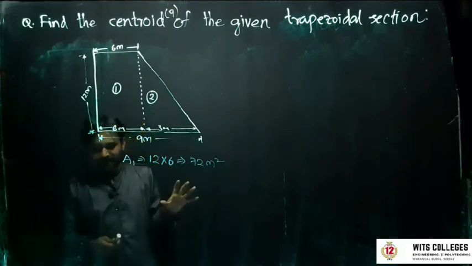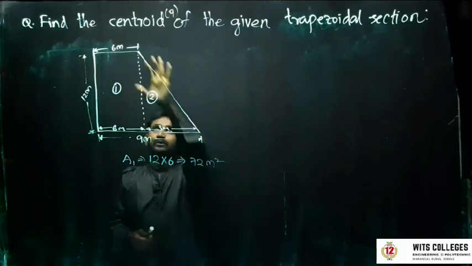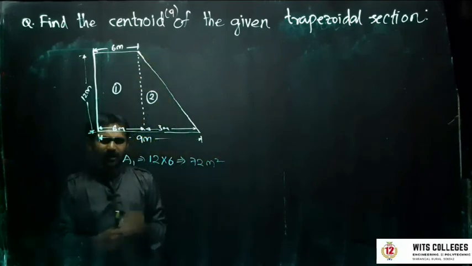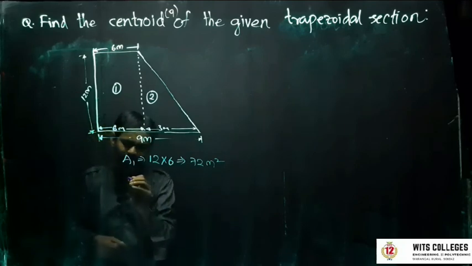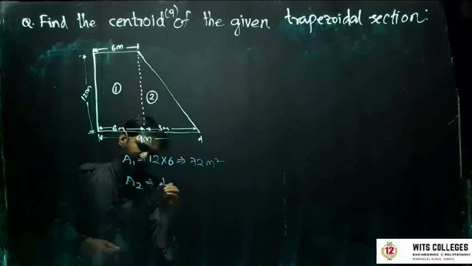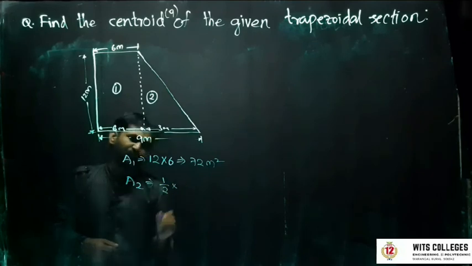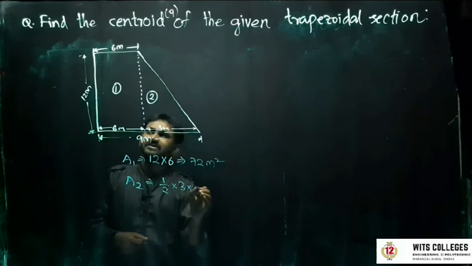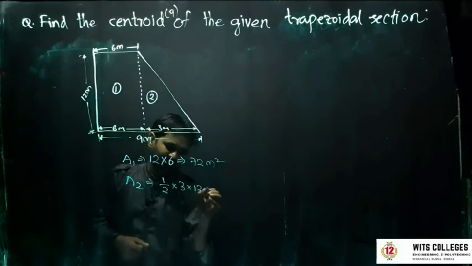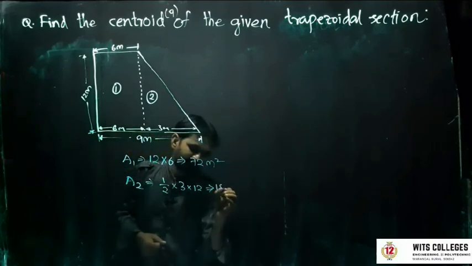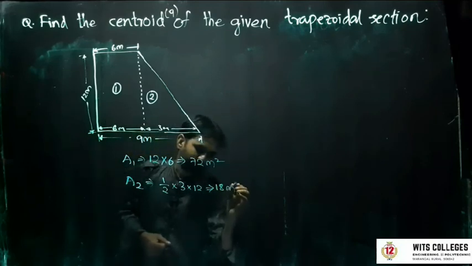Similarly, I need to calculate A2. A2 is a triangular one, and you know the formula, half into base into height. Therefore A2 equals half into base 3 meters into height 12 meters, so this is equal to 18 meter square.